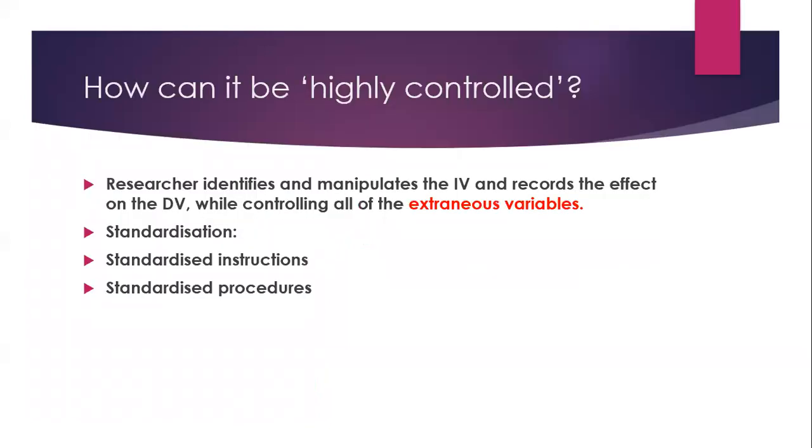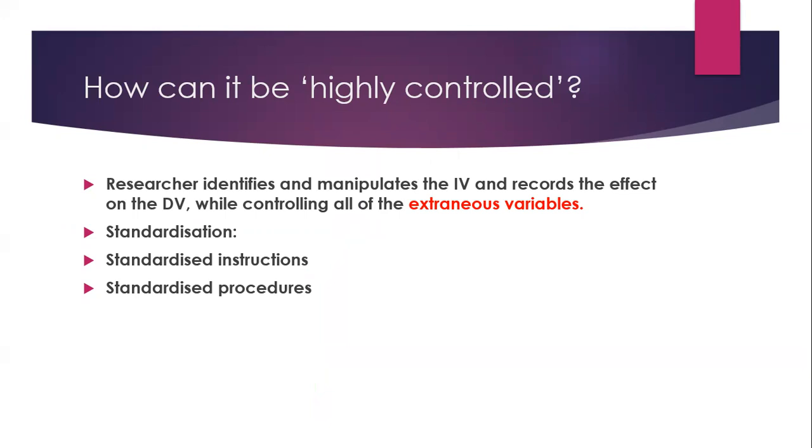And that high level of control can come about, one of the key ways is about ensuring the extraneous variables are controlled. Now, extraneous variables are all the other variables within the research, excluding the IV and the DV. So the researcher will identify what the IV is, they'll identify what the DV is, because the IV, remember, is the variable that the researcher is manipulating.